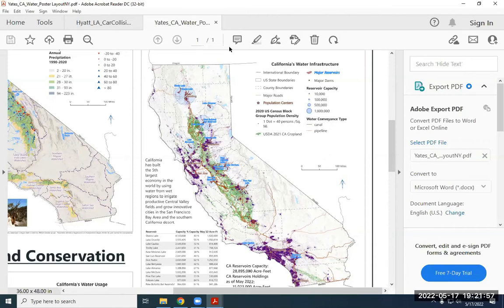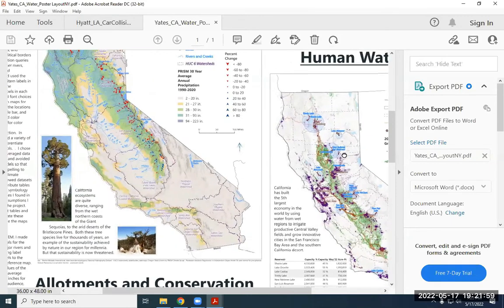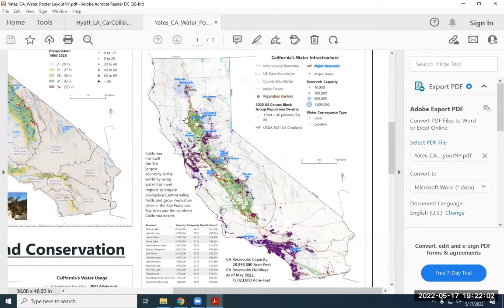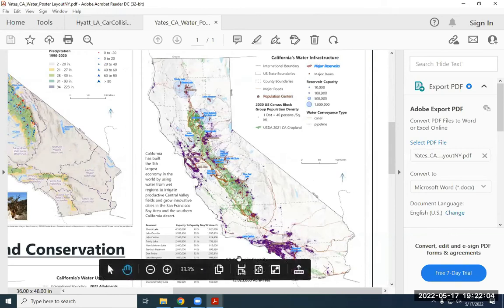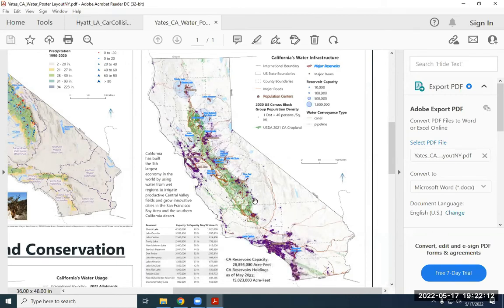You can see on the map next to it, it's not got a lot of rainfall. And so you can see the orange lines are all these canals that we've built to pull water from water sources to irrigate that cropland and to feed those cities. And these cities and that cropland are really the backbone of the economy, which is the 5th largest in the world. So it's a big, big deal.